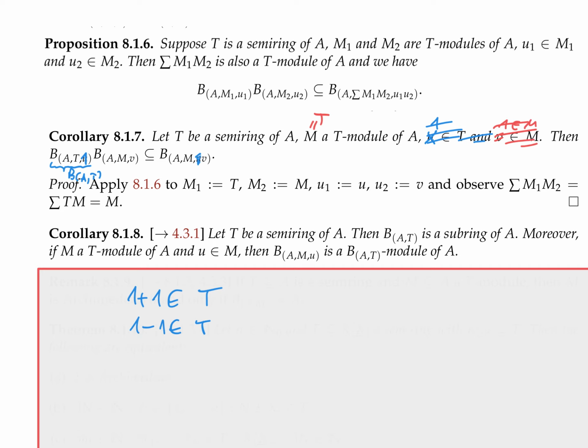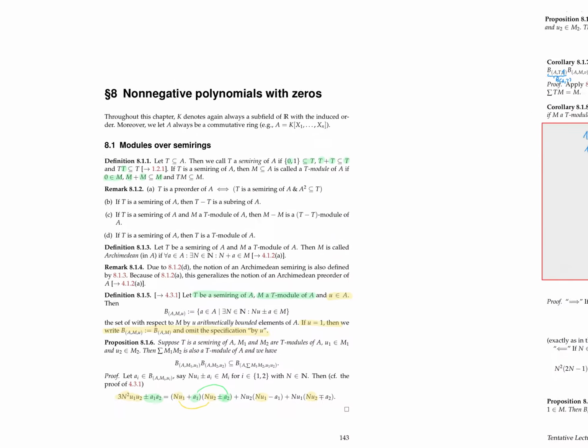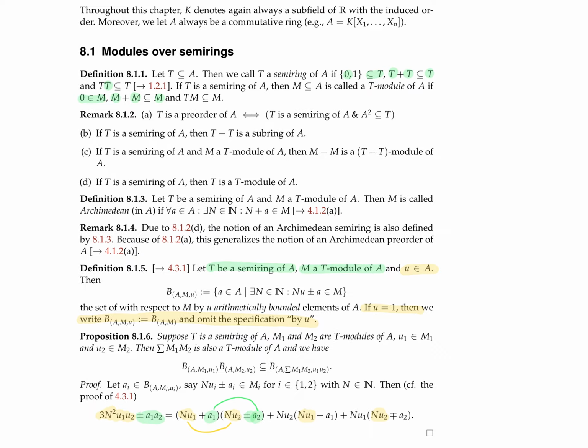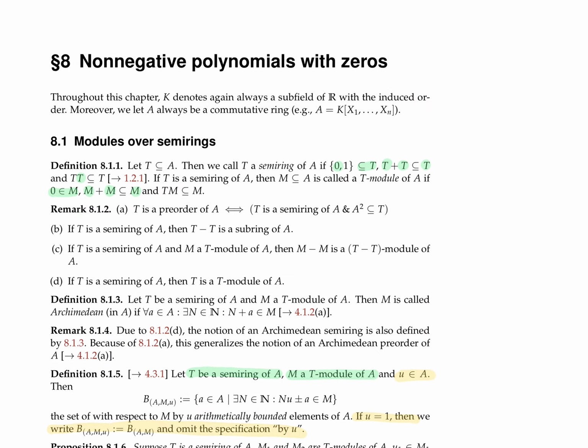And actually now if I go into a more general case here, I see that BAMU is a BAT module of A, right? Because what does this mean? It's closed under addition.